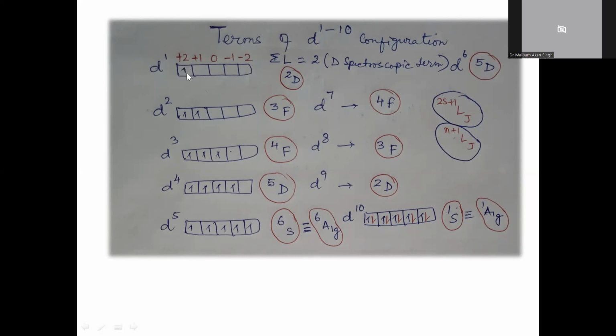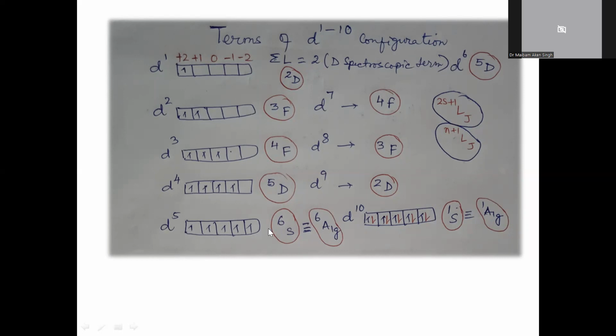One electron in this particular orbital. The summation of L will give the L value. That means no need to see the blank orbitals, only see it reflects plus 2, that is 2. 2 means D spectroscopic term. Like this, you can calculate all of D1 to D10.